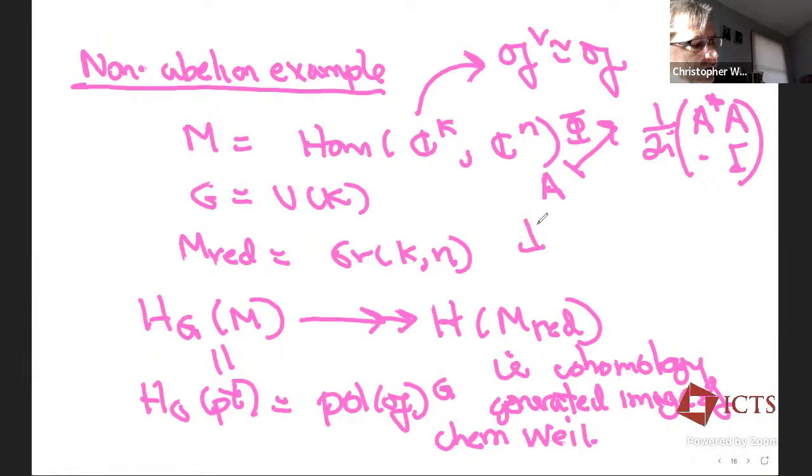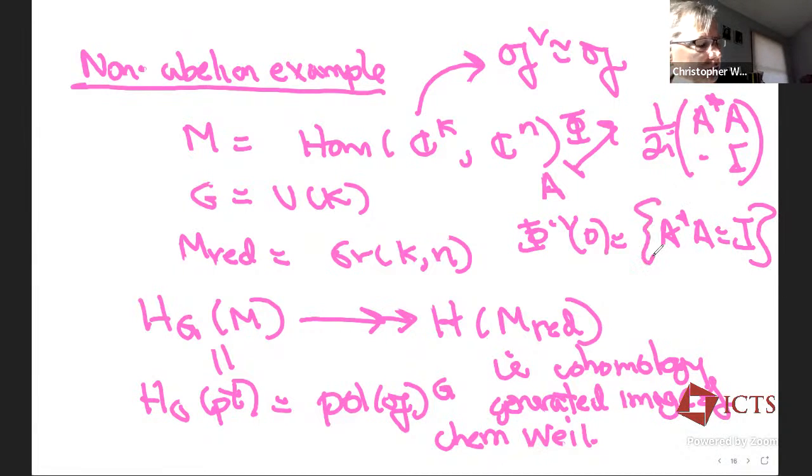Then phi inverse of 0 is going to be matrices such that A star A equals the identity. So these are k by n or n by k matrices whose rows or columns form a Hermitian orthonormal basis. But then you're modding out by the action of G. Two matrices are going to be equivalent if and only if they have the same row space. And so you just get the Grassmannian.